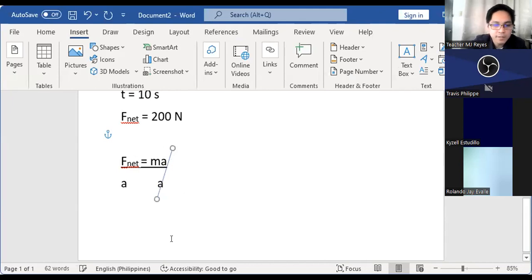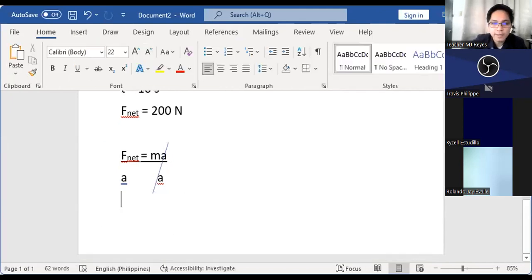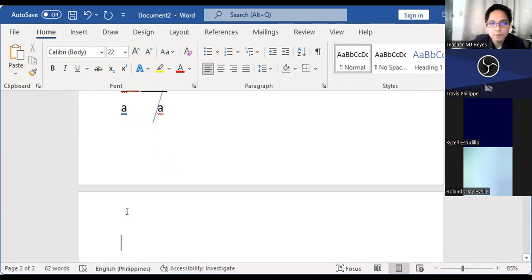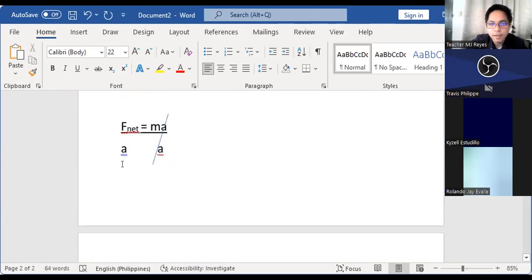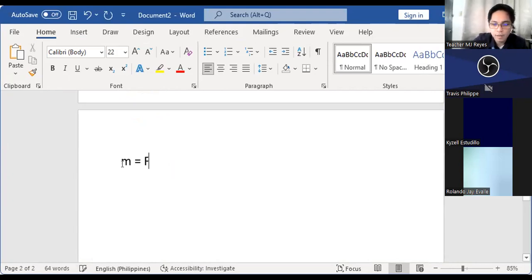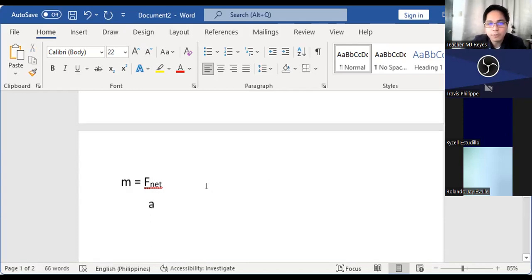So our formula is, in this case, mass is equal to net force over acceleration. This actually came from the base formula because we're looking for mass. So we have now the formula for mass.